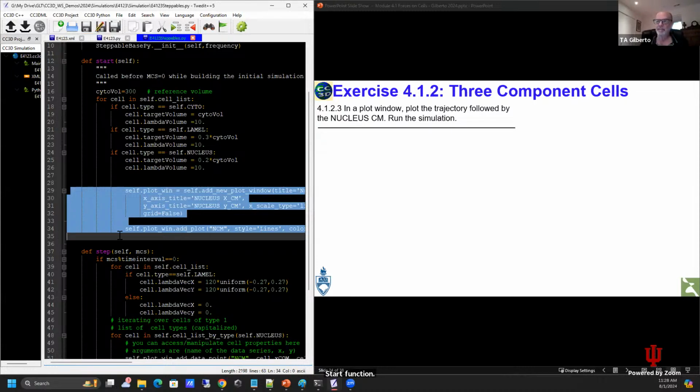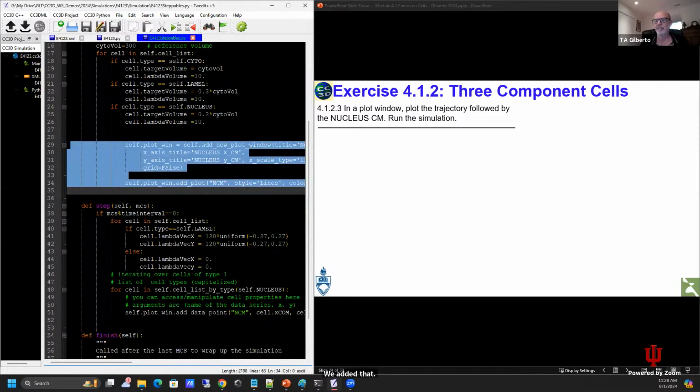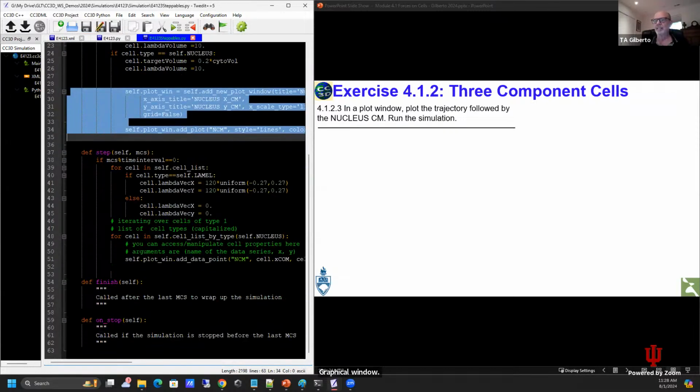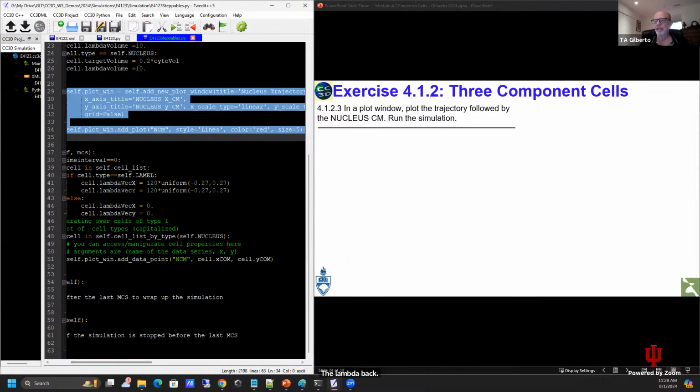We create the graphical window. And here, after you change the direction of the lambda vector, you plot in that window, for the nucleus type of the cell, the X center of mass and the Y center of mass in the axes of the graphical window.